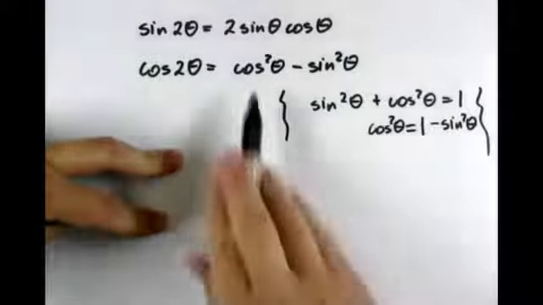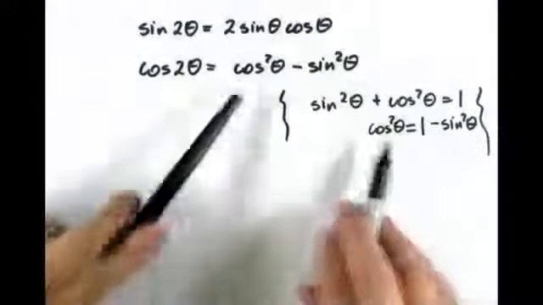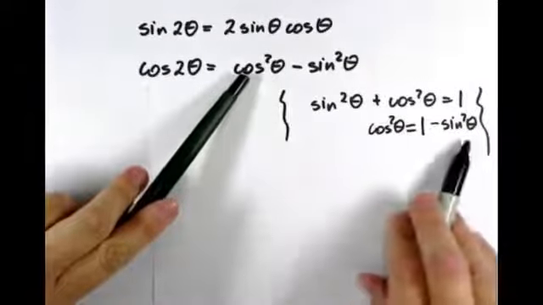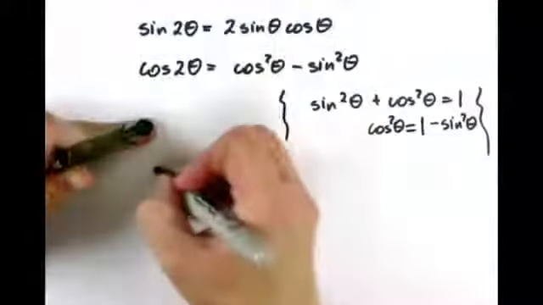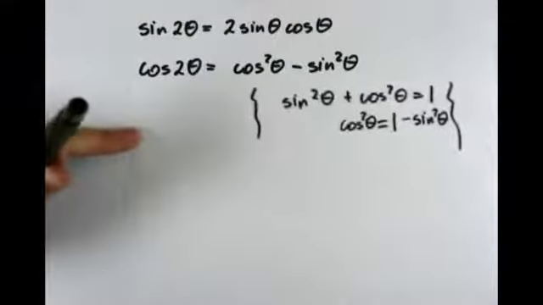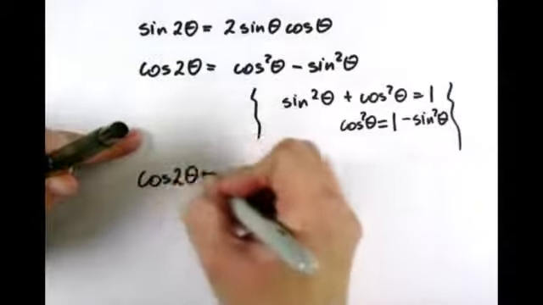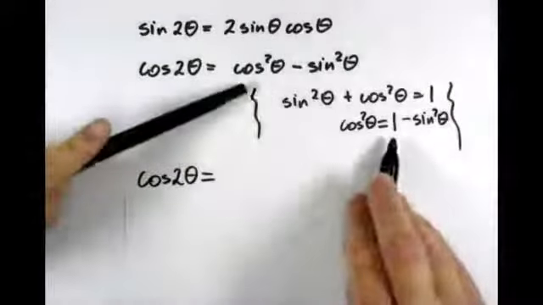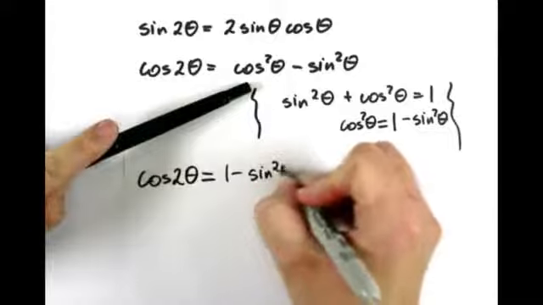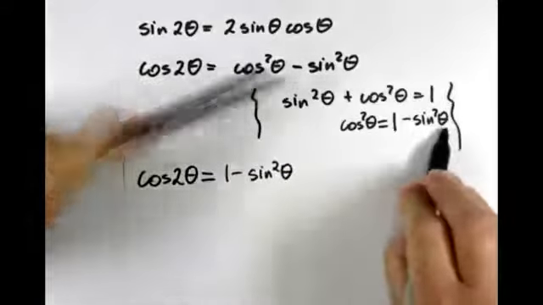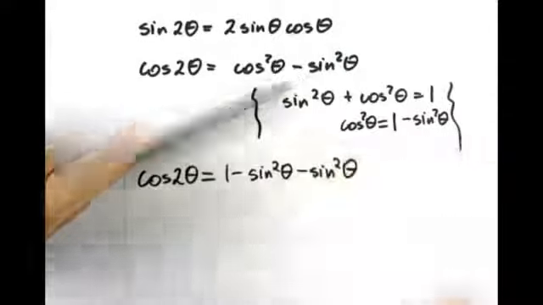And now I would substitute this for cos in my formula. This cos and this cos I can substitute, right? So I'm going to have that cos 2 theta is equal to, I'm substituting for cos squared, 1 minus sine squared theta. That was in my formula, and now I have minus sine squared theta.